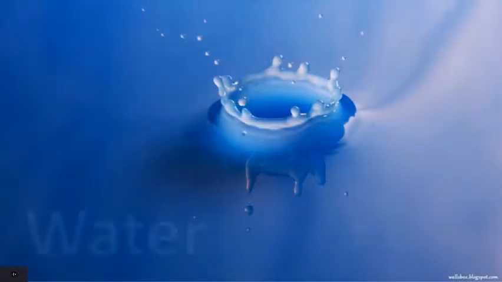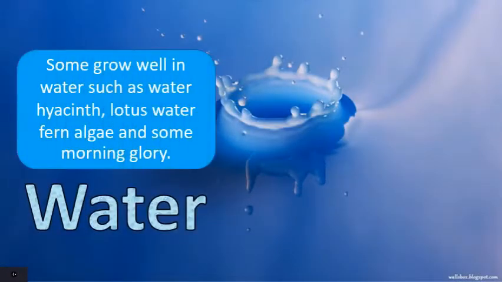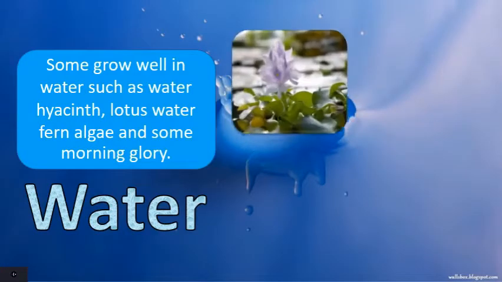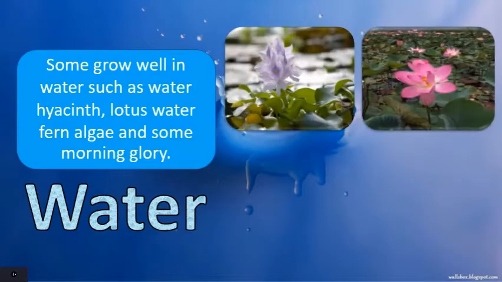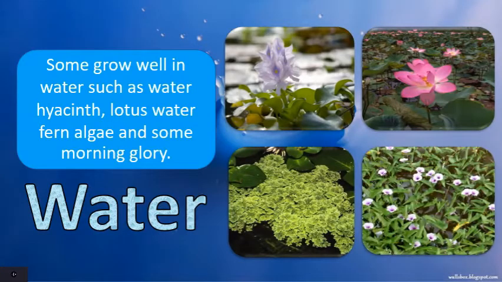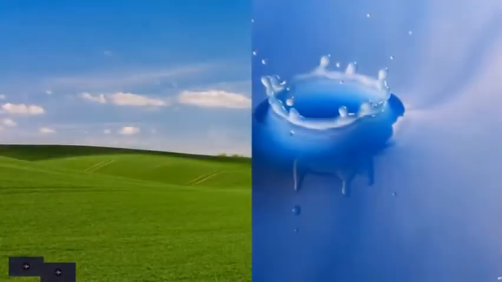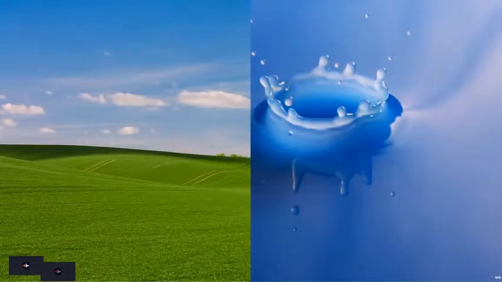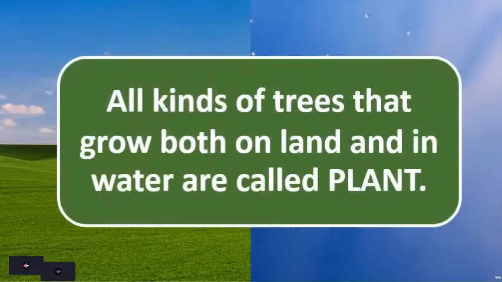Some grow well in water, such as water hyacinth, lotus, water fern, algae, and some morning glory. All kinds of trees that grow both on land and water are called plants.